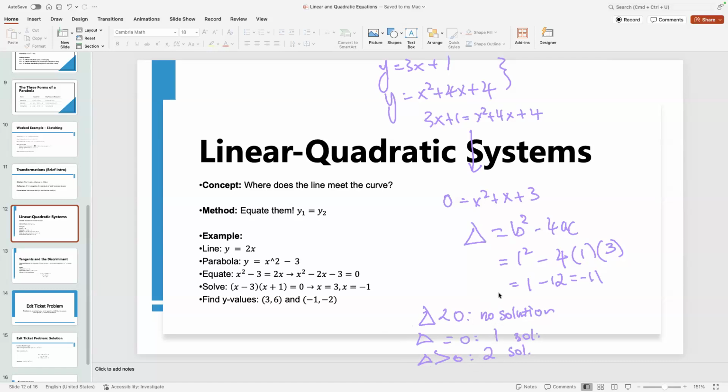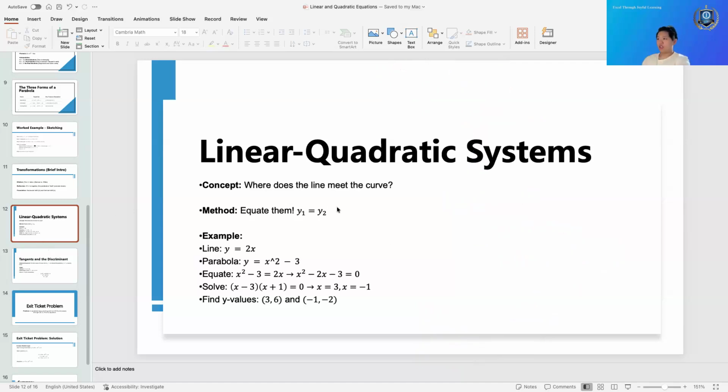Now, since this is less than 0, it has no solution, so we won't have a point of intersection. For the question they gave, I have 2x and I have x squared minus 3. If I equate them, I get 0 equals x squared minus 2x minus 3.